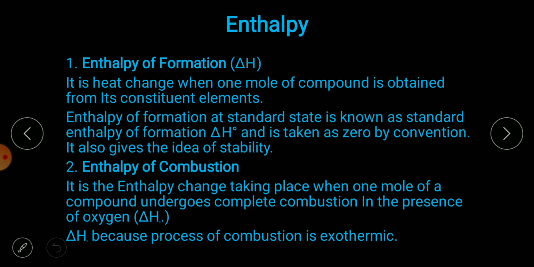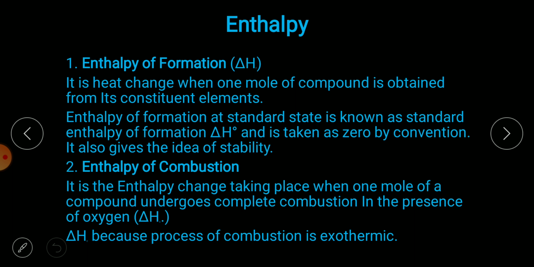As the name suggests, when we combust a fuel, and that fuel may be hydrocarbons or some other things, that combustion releases heat. So it is the enthalpy change when 1 mole of compound undergoes complete combustion. What is the difference between complete and incomplete combustion?